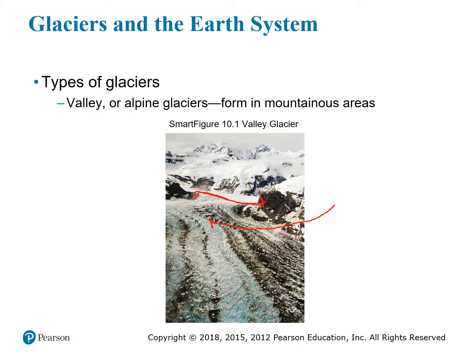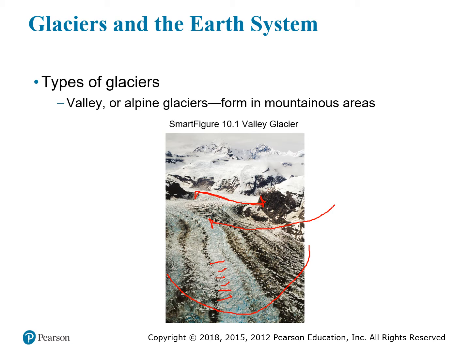Okay, and on the surface there are a lot of crevasses or cracked ice, and then below the surface it's more plastic flowing ice, but it's still a solid. And all of this moves very slowly, but it moves toward low-lying areas.